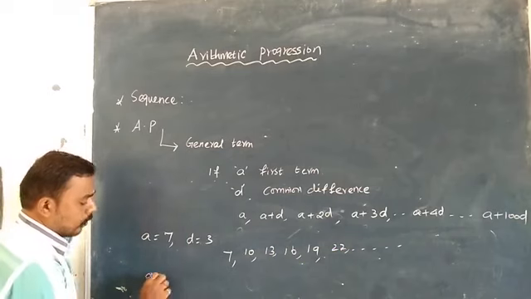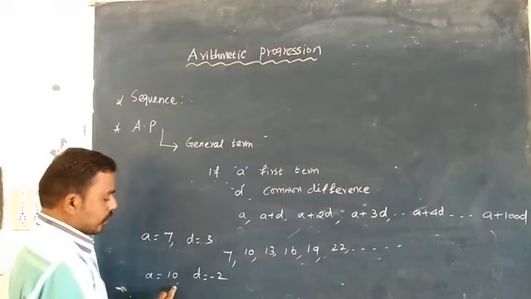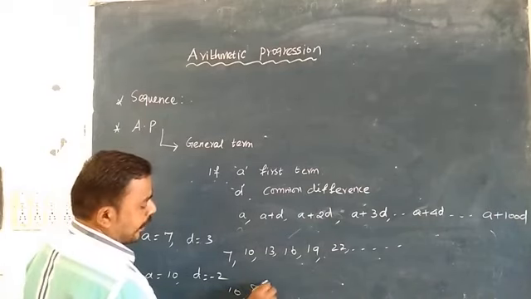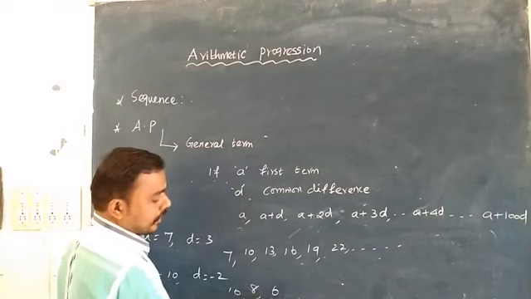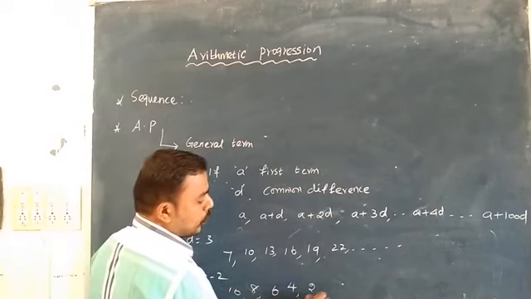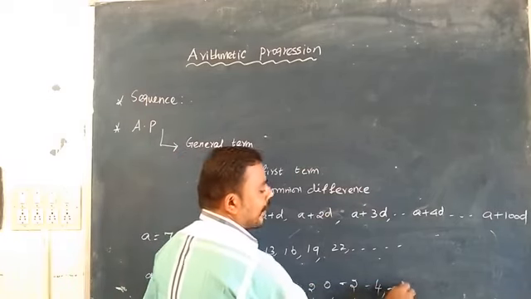If A equals 10 and D equals minus 2, the first number is 10. Minus 2, we need to decrease. So 10 minus 2 is 8, then 6, then 4, then 2, then 0. 0 minus 2 is minus 2, minus 4, minus 6 and so on.